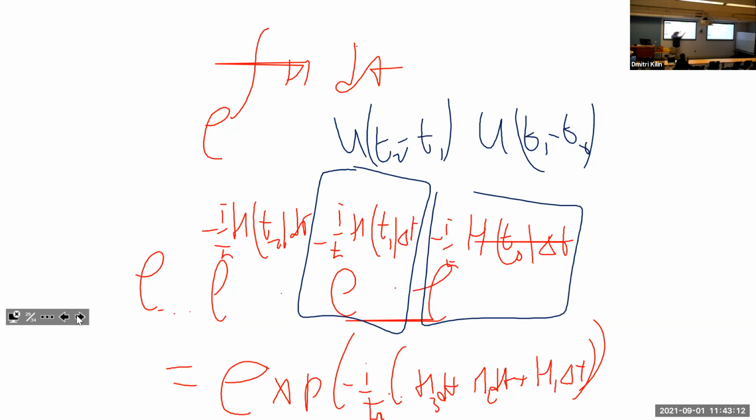So two evolution operators. And if we want to combine the product of two exponentials, we just add together the powers, the phase factors of these two exponentials. So it will be one exponential with the summation of energy times delta t, energy times delta t. So it's kind of trivial, right?